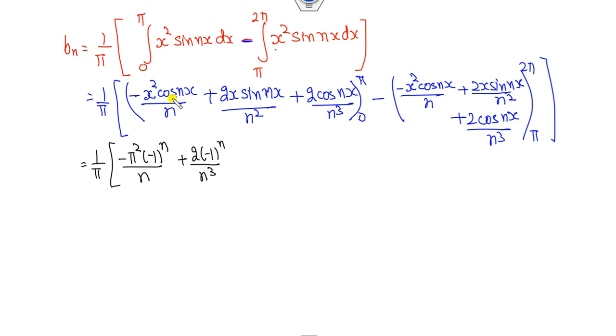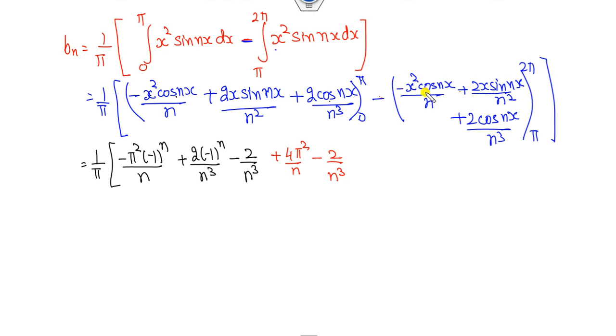When you substitute 0, x is 0, this is 0, and this is 1. Now when you say 2 pi, cos 2n pi is positive, minus minus plus 4 pi square over n, but sin n pi is 0, cos 2n pi is plus 1, so plus and minus minus 2 over n cube.